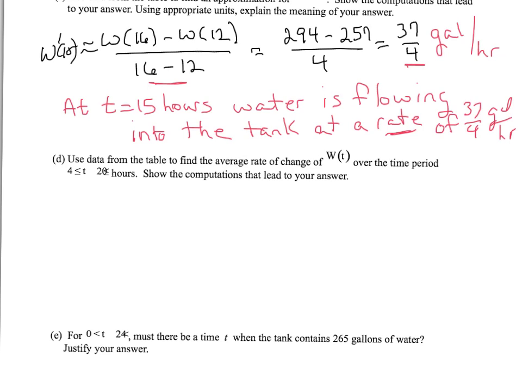So you want to show W of 20 minus W of 4 over 20 minus 4. Be sure you show that. And then you can plug in the actual values.